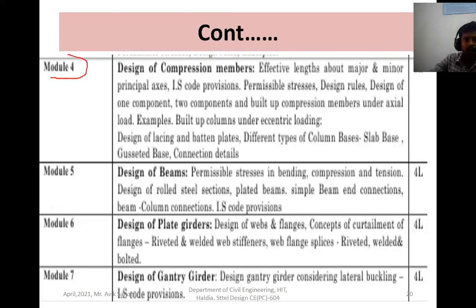In module 4 you will learn how the compression members are designed. Here you have to find out the effective length about the major axis and minor axis, and what the IS code provisions are. IS means Indian Standard Code.